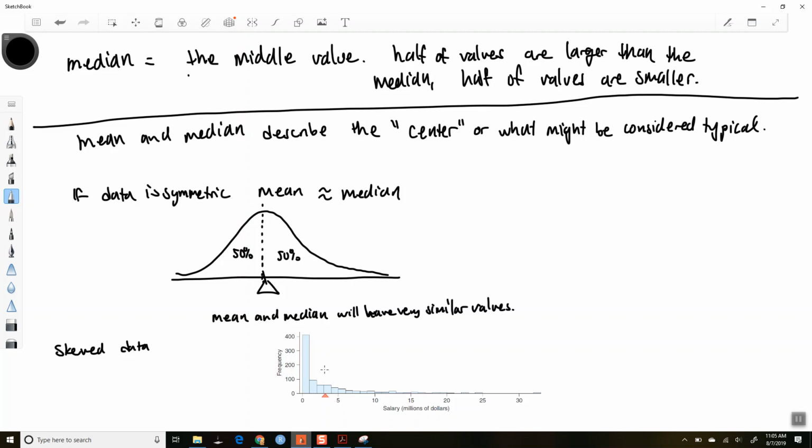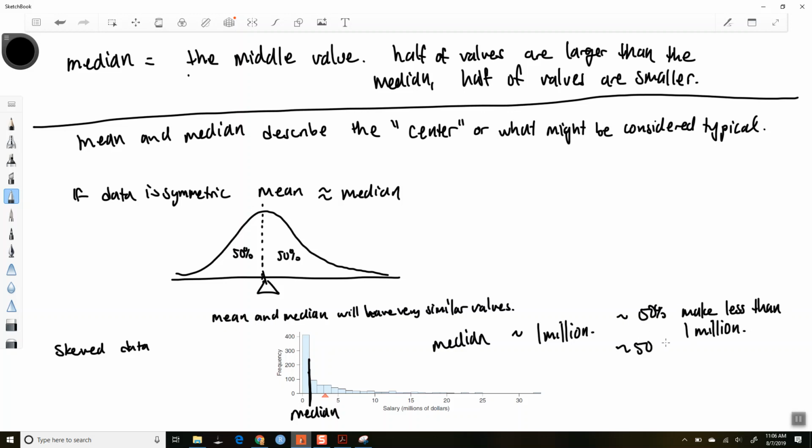So maybe about half of the players make less than $1 million and half of players make more than $1 million. So this might be the median. About 50% make less than 1 million, and about 50% make more.